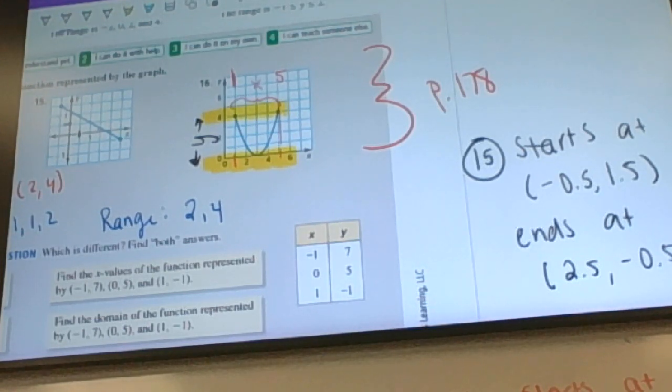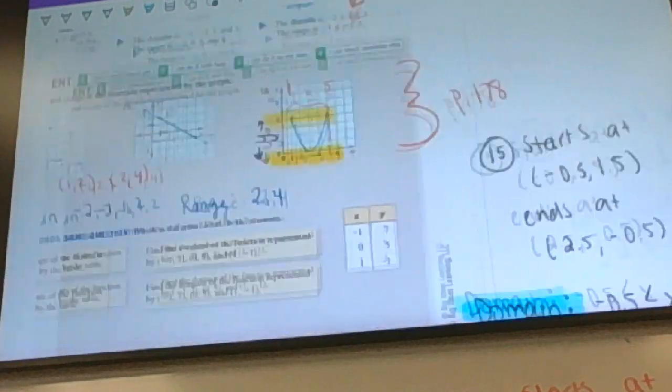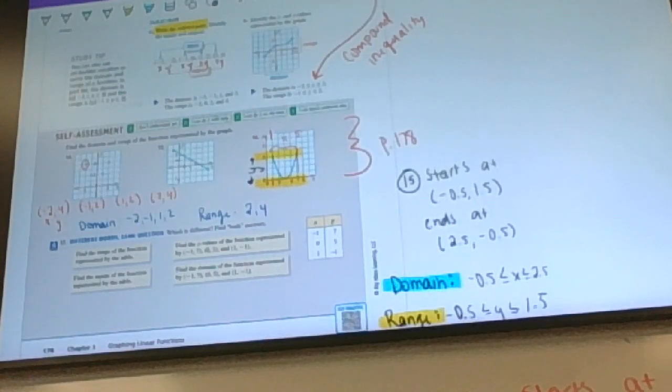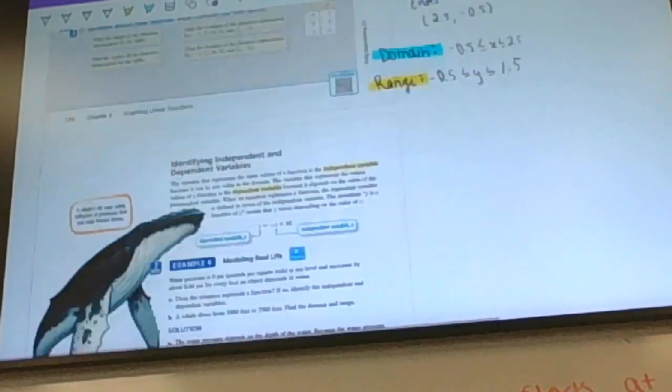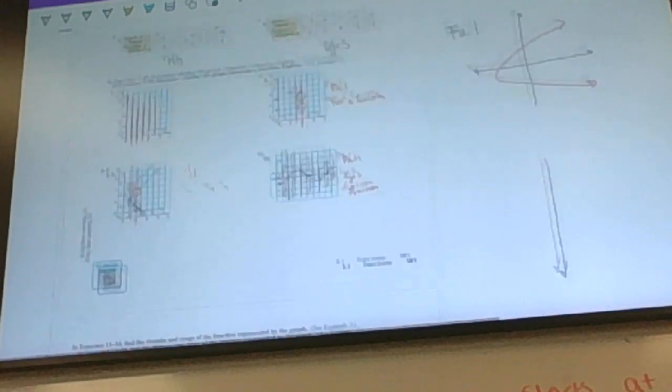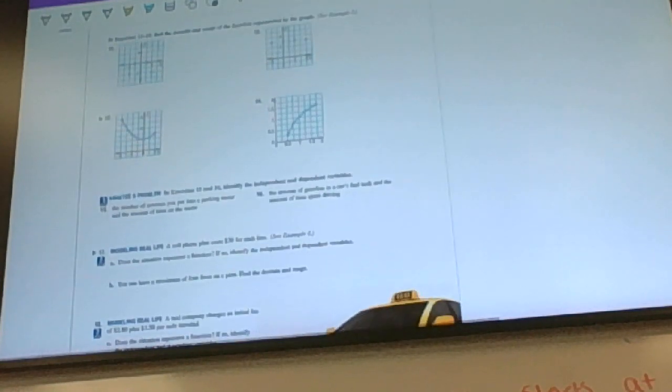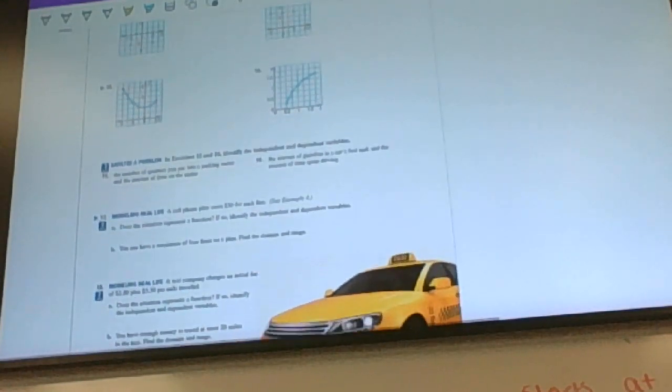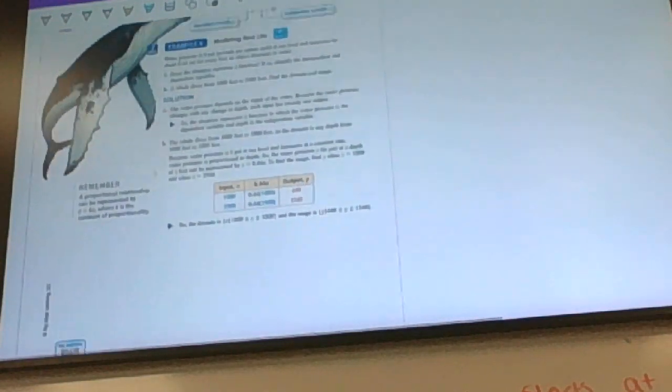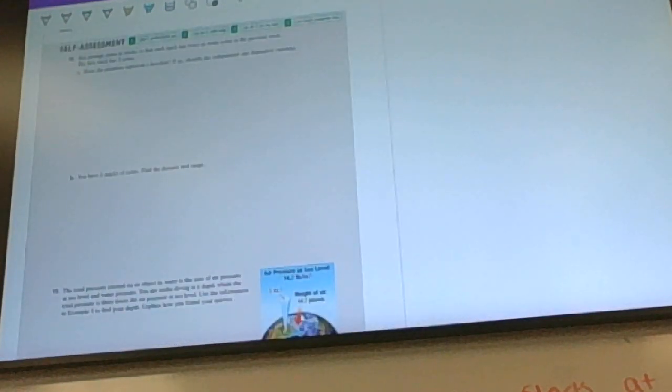So it's going to look like this for range and this for domain. What are your x's there and your y's? Independent and dependent variables.